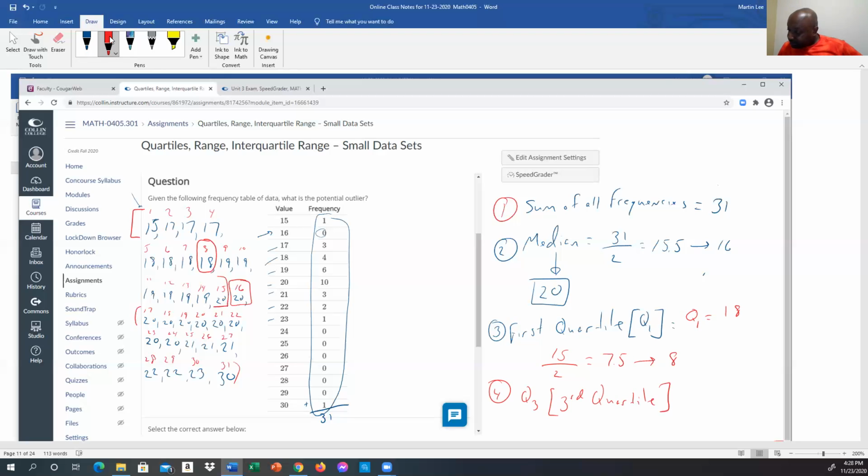I need to look at all the numbers above the median, so I'm going to put brackets around those numbers, starting with my 17th number, which is 20, going all the way up to my 31st number, which is 30.